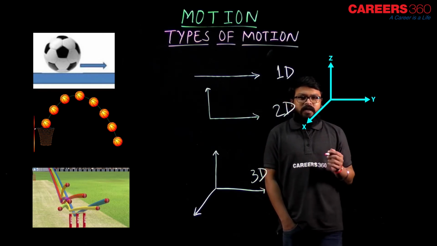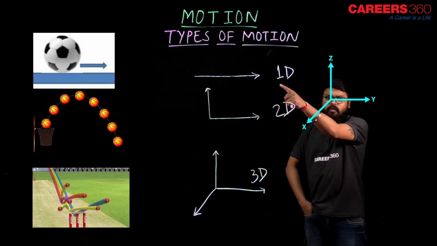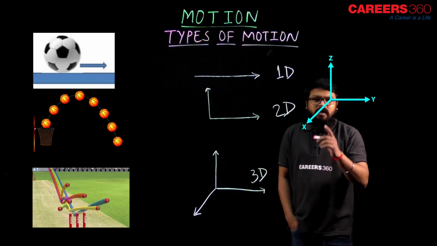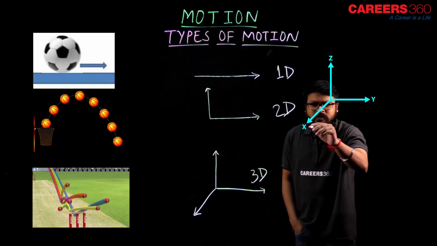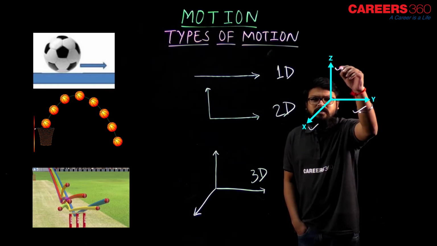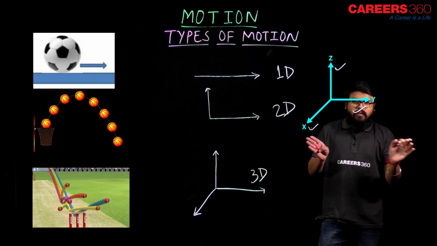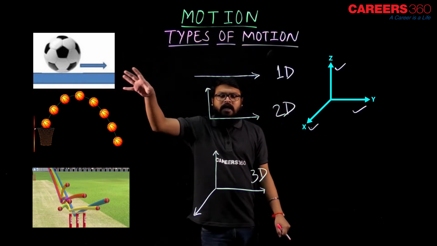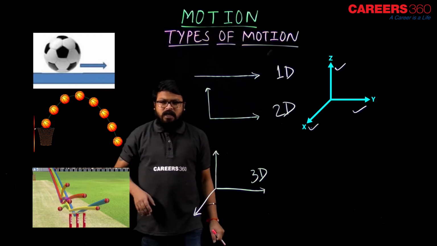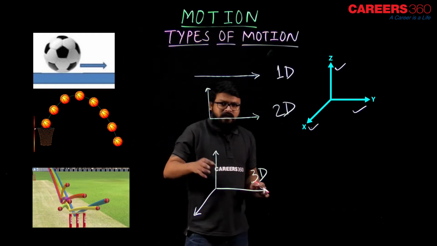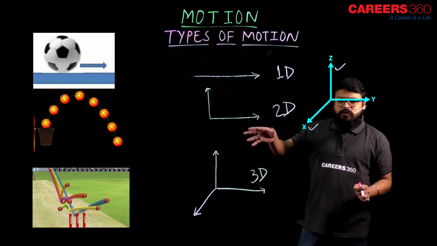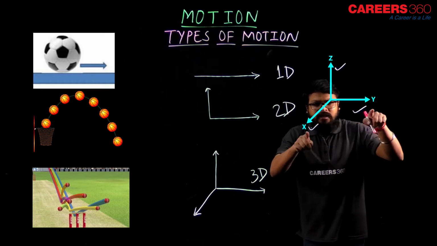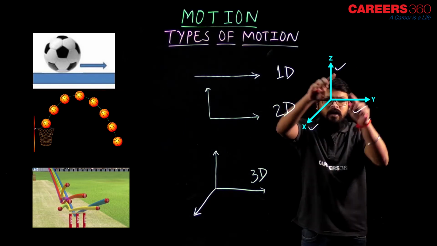So as you can see over here, the first case, that is the motion of the football, can be explained by considering any one of the axes, x or y or z, any one axis I can consider, and I can explain the motion of this football in a straight line. And for the second case, that is the motion of the basketball, I need two directions. So I will have to use either xy or yz or zx.